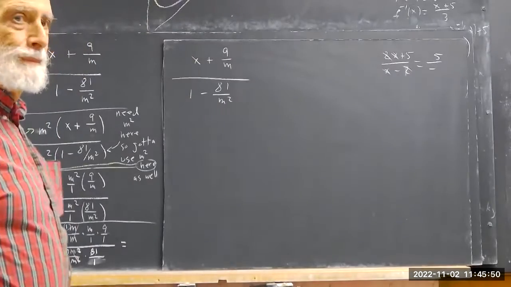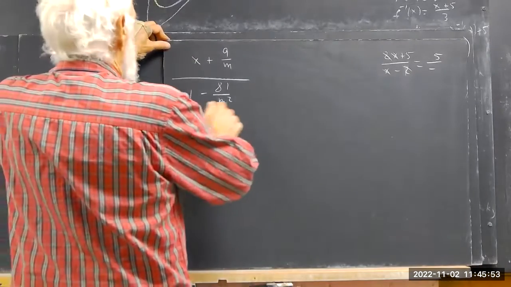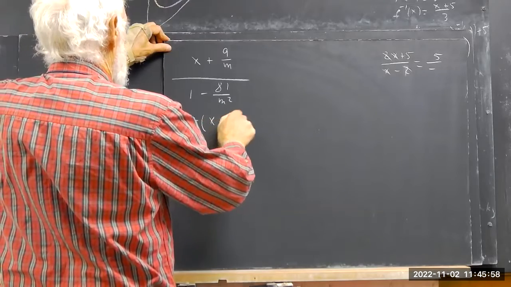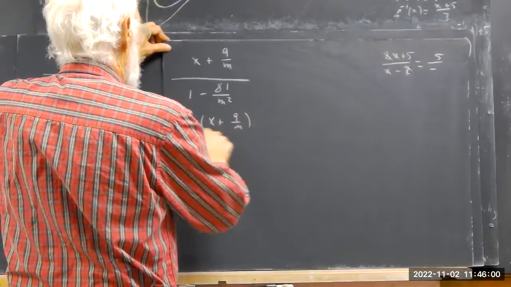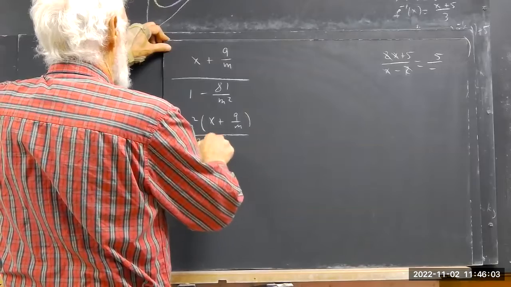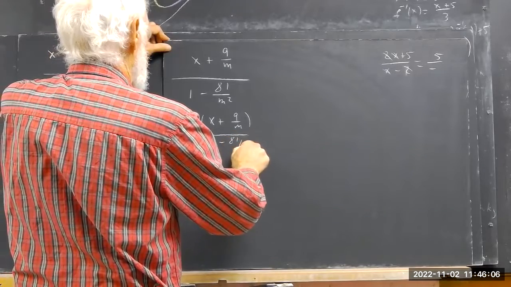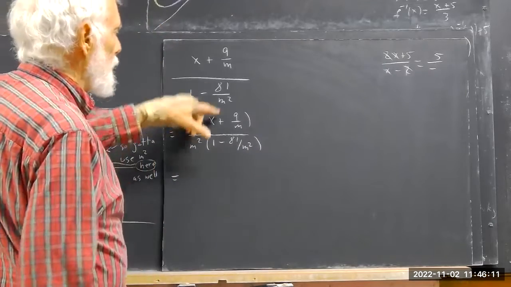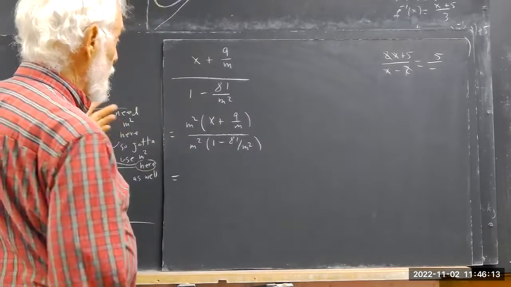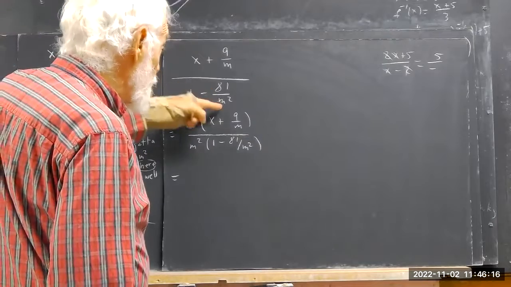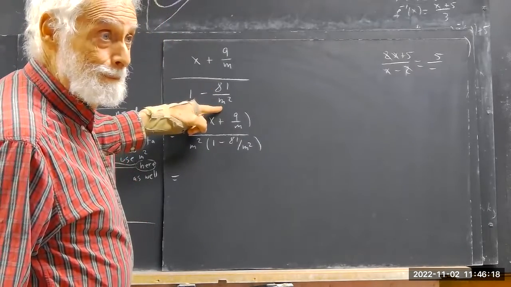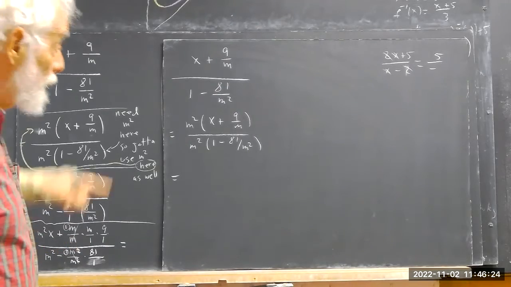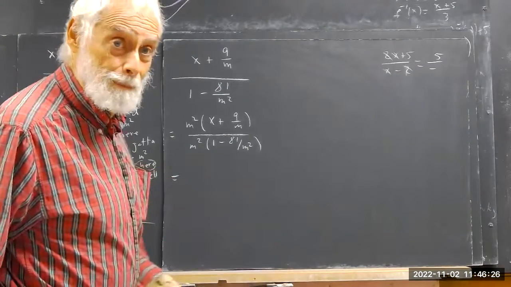Now I see if I multiply, just repeating steps that I've already written down, accepting that I need the m squared. The way I look at it is, if I multiply this by m squared, the m squared down here is going to go away. We want to understand this. Once we understand this, we can do it safely.